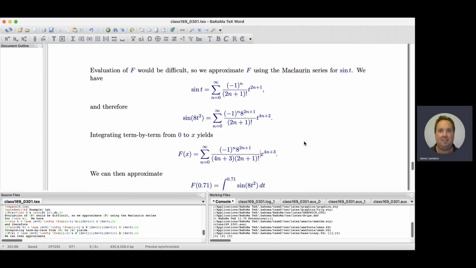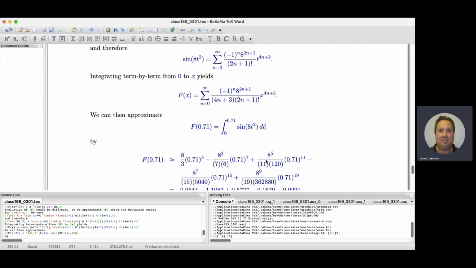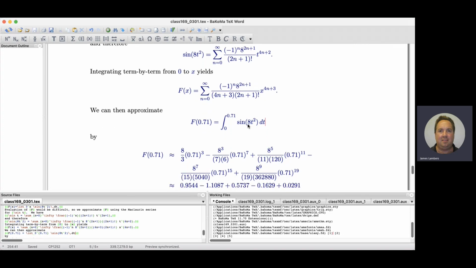But this integral, as is, would be pretty difficult to evaluate. Actually, I don't think you can evaluate it using techniques you learn in Cal 2, because if there was a factor of t right here, then yes, you could evaluate that integral using a u substitution. But since you don't have that, you're kind of stuck.